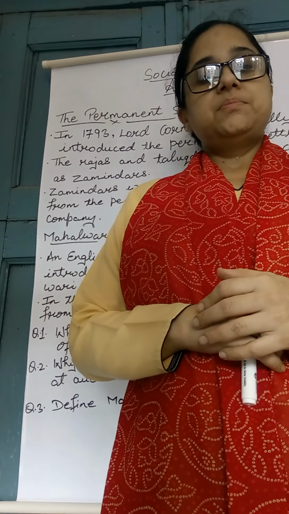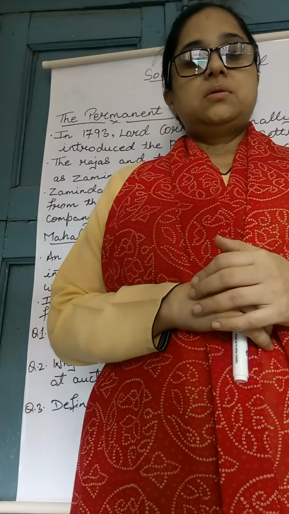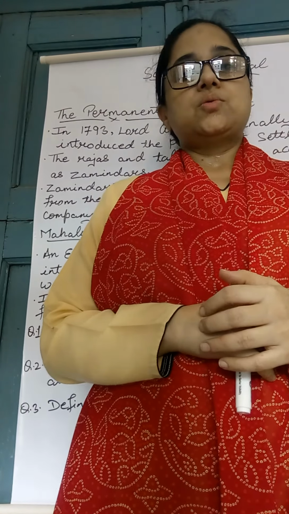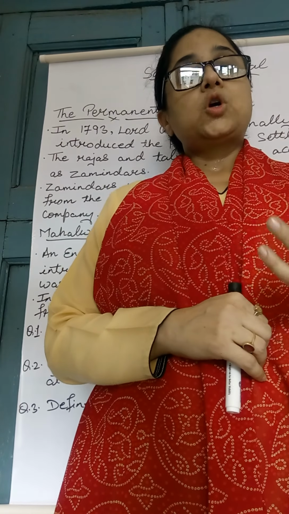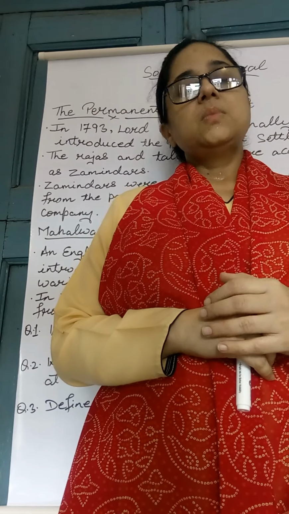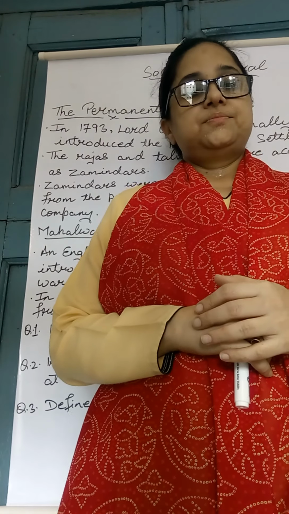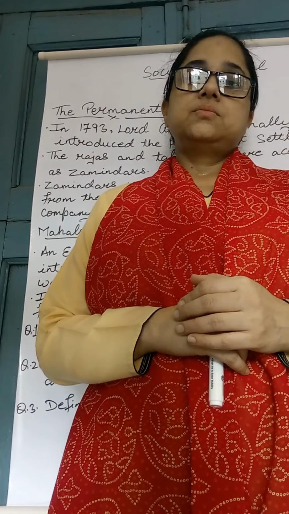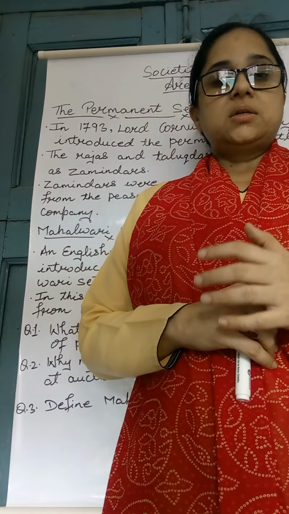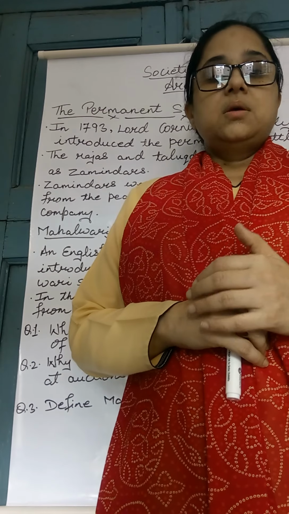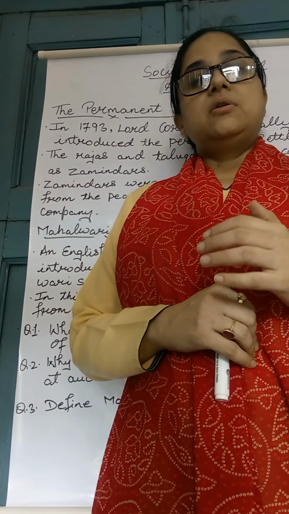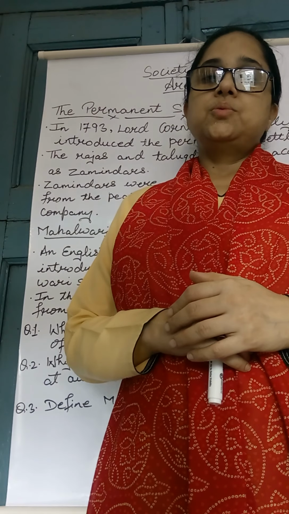This scheme of permanent settlement has some problems also. Now, what type of problems are there in this settlement? The fixed revenue was so high that the zamindars found it difficult to pay.